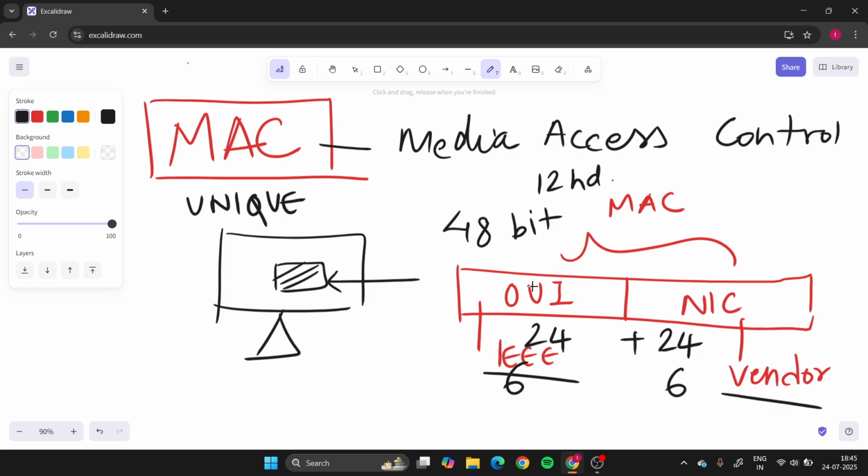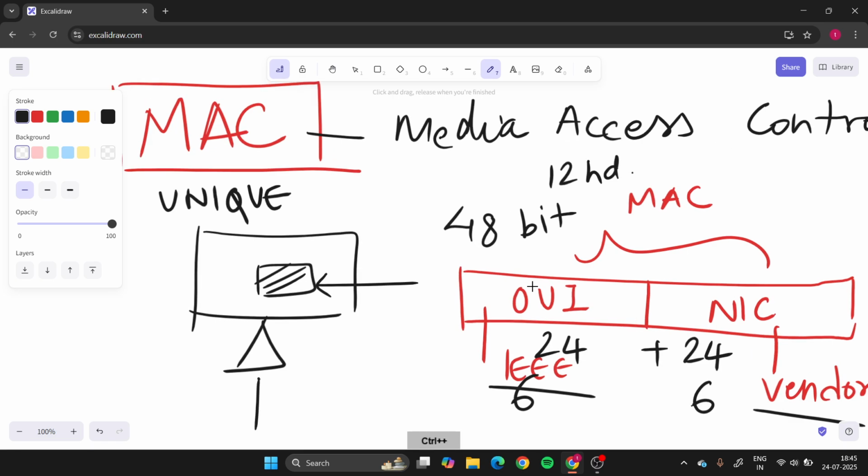So they're completely unique, and that is how devices communicate. In Ethernet they communicate by Ethernet frames. These Ethernet frames have a source MAC address and a destination MAC address. This is what an Ethernet frame basically constitutes of.